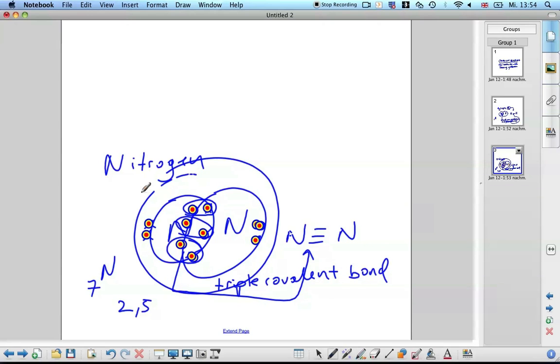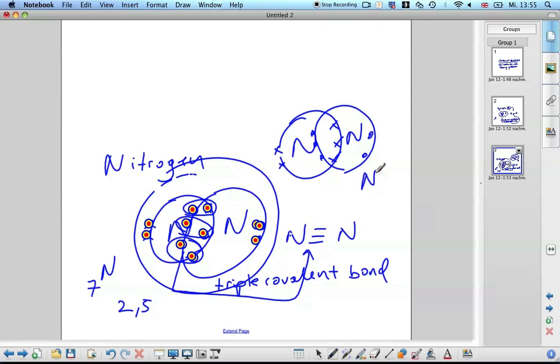That's just me trying to emphasize it. When you write it down, remember 1, 2, 3, 4, 5. And round about this nitrogen here, 1, 2, 3, 4, 5. So there's 8 between both. Cool? So nitrogen is N2 because there are 2 nitrogens in the molecule.